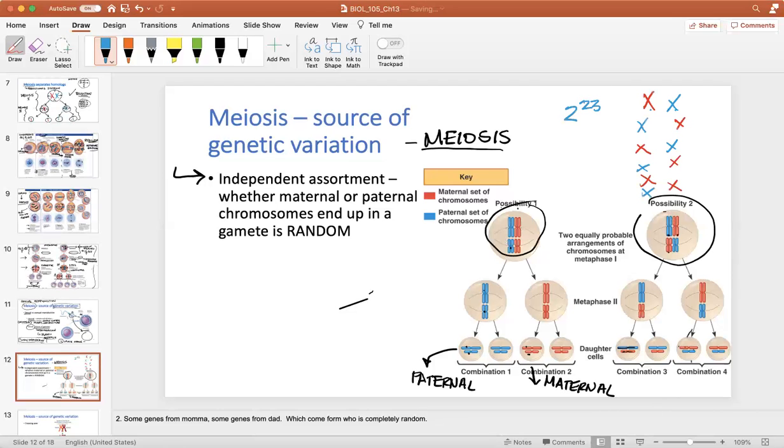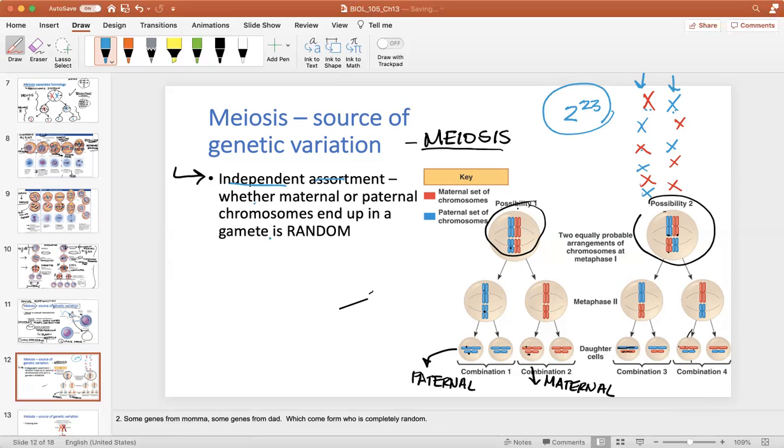You have 2 chromosomes, one from mom and one from dad. There's 23 different ways they can line up on the left or the right. That's a lot of different eggs or sperm cells that you can make just based on how these things line up. So independent assortment is whether maternal or paternal chromosomes end up in a gamete, and it's random.